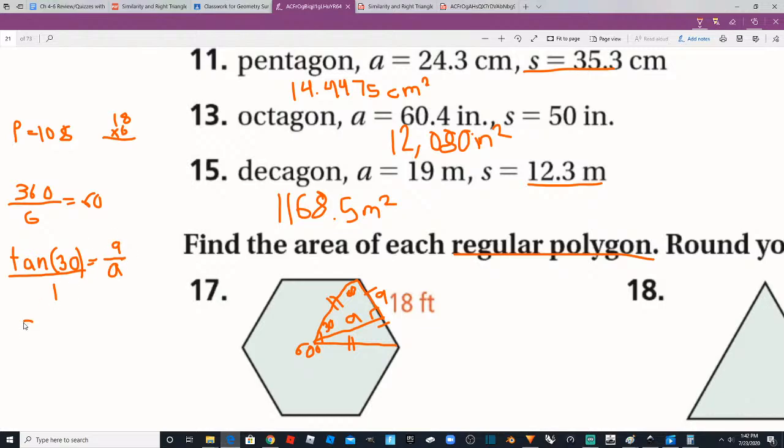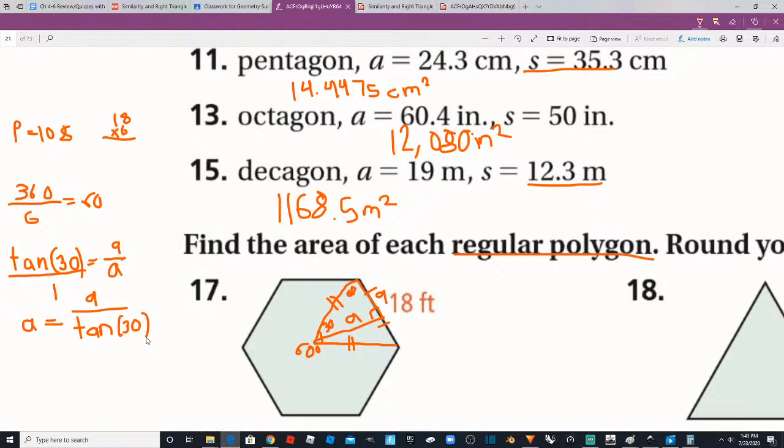So let's go ahead and do that. Or instead of just flipping this, you could multiply by A, and you'll have A times tan 30 is equal to 9, then divide both sides by tan 30. You'll get A is equal to 9 divided by tan 30. You could just simply switch them at the beginning if you know that.